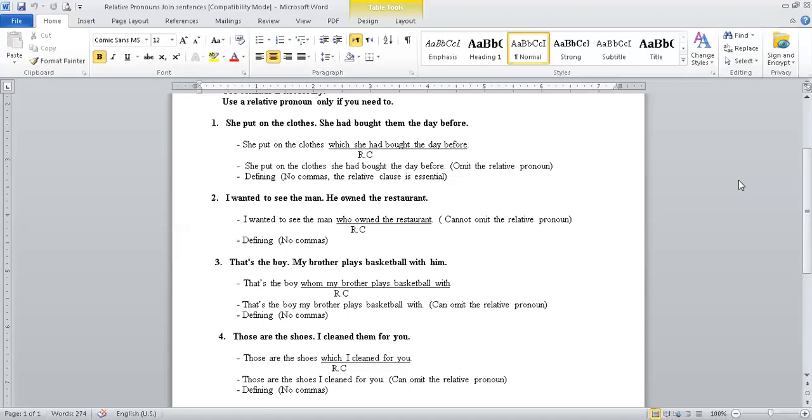Now 3, that's the boy, my brother plays basketball with him. We want to define the boy because him refers to the boy in the second sentence. So you have to delete him, بشطب him. يلا, let's join these two sentences with a suitable relative pronoun.